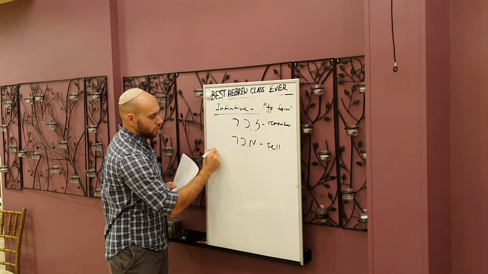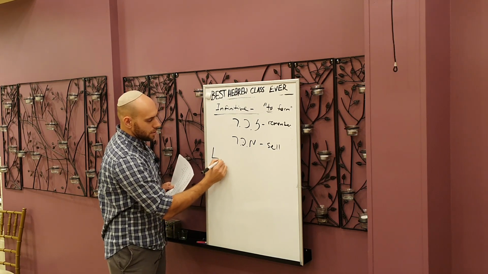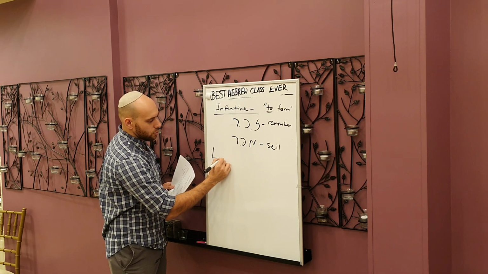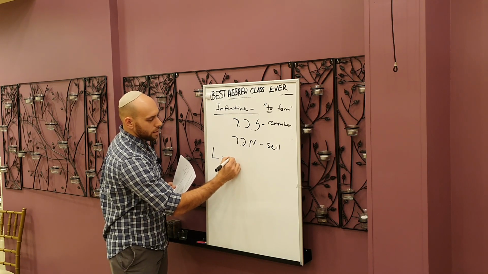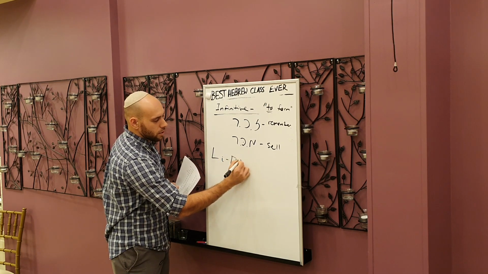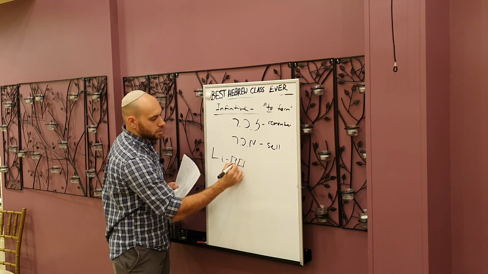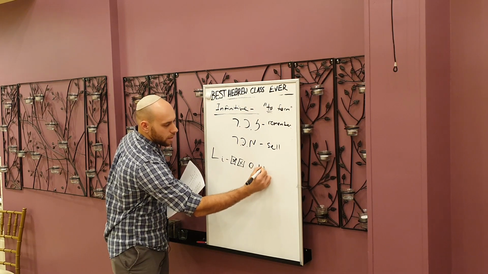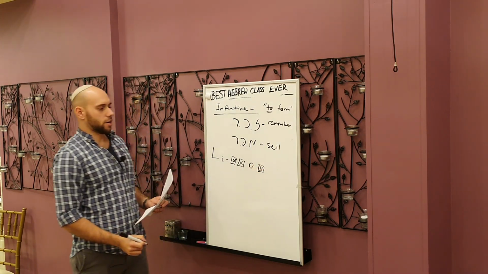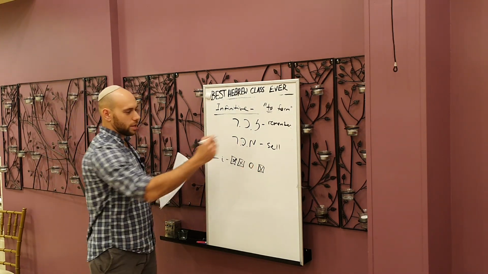Remember, you've got L, which has an E sound after it. And then you've got the root letter, followed by another root letter, whatever they are, followed by an O sound, followed by the last root letter. That's how you read it.